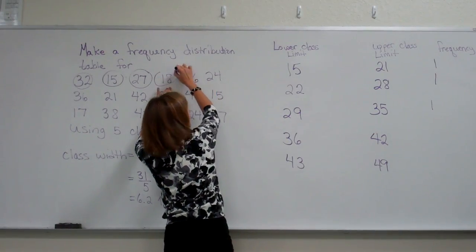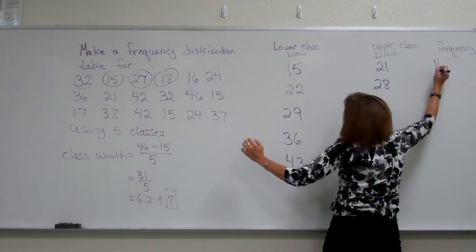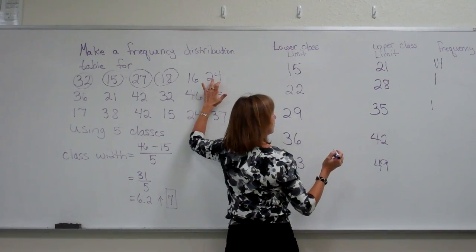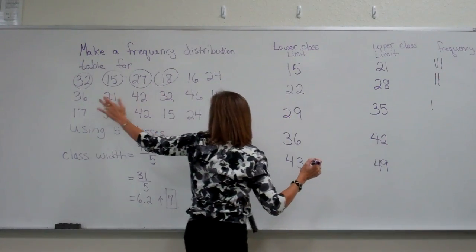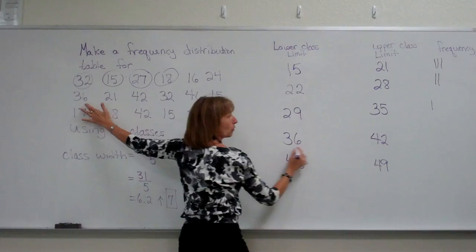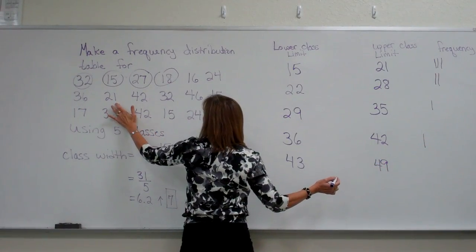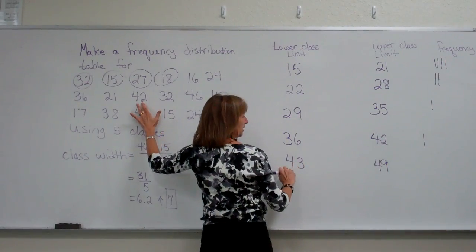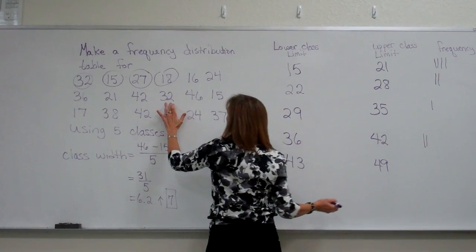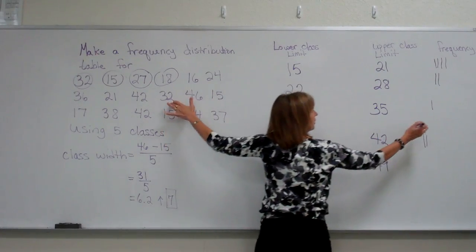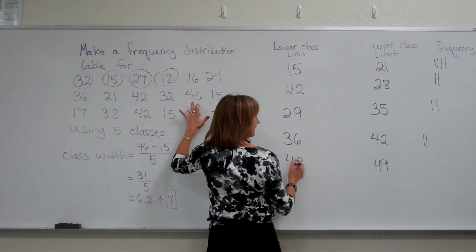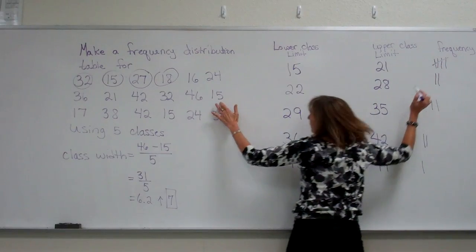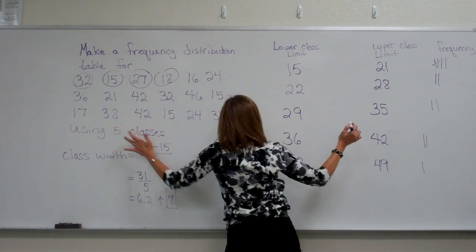Our 18 is in the first class. 16 is also in the first class. 24 is in the second class. 36 is in the fourth class. 21 is in the first class. 42 is in the fourth class. 32 is in the third class. 46 is in our last class. 15 we have in our first class. 17 is also in the first class.